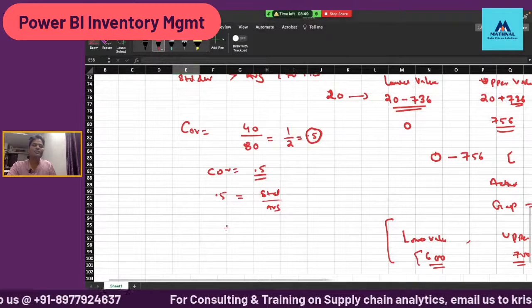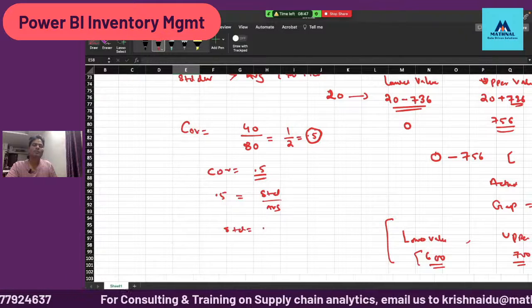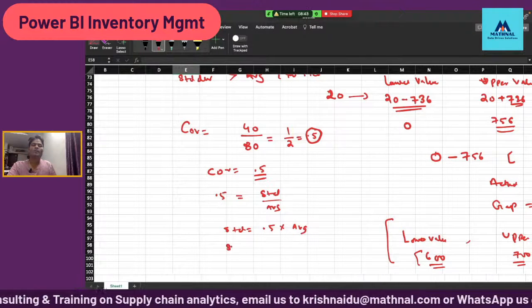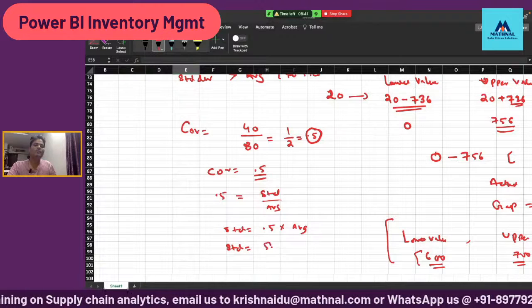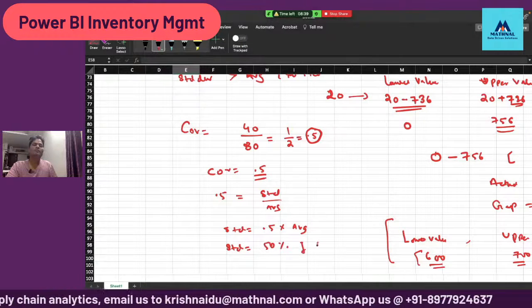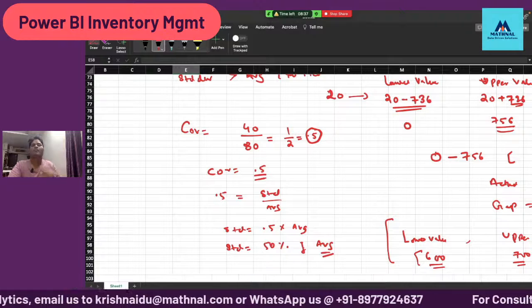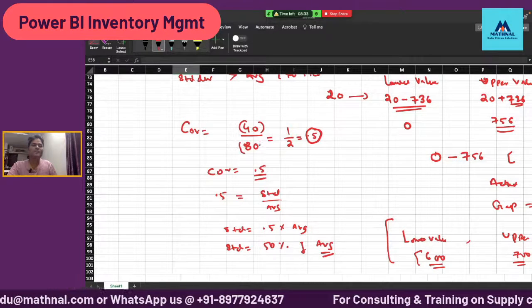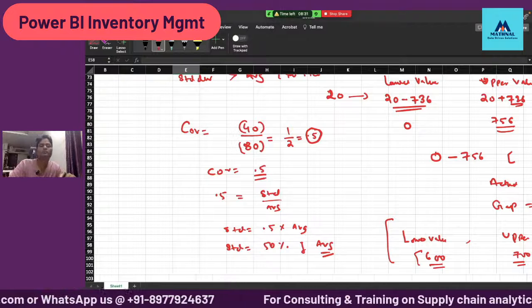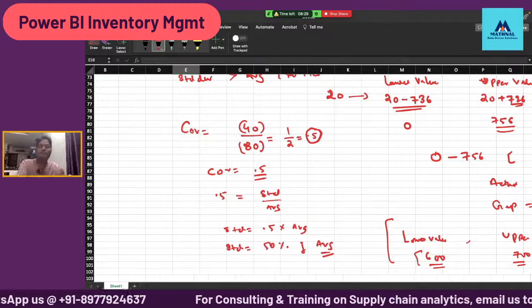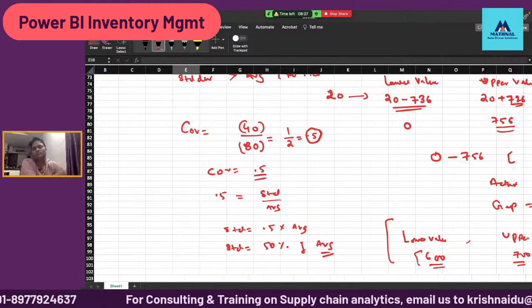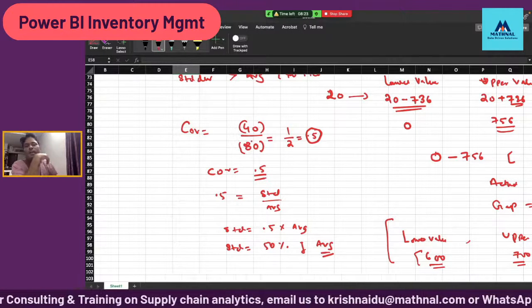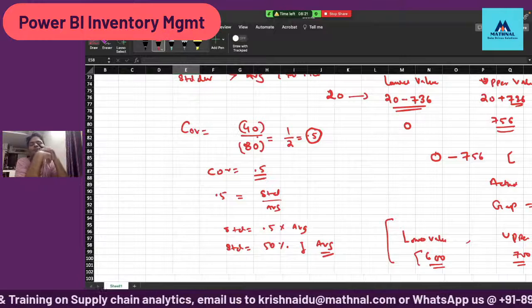So what is standard deviation here? 0.5 into average. Standard deviation is 50% of average. That's what you're getting, right? Standard deviation is 40 and average is 80, so standard deviation is 50% of average. So this is what we want. We want the standard deviation to be lesser than the average.